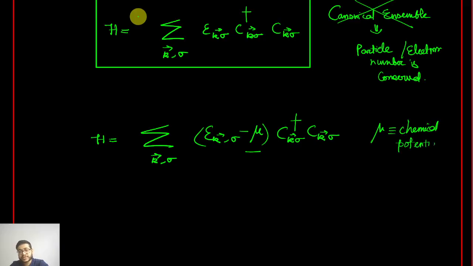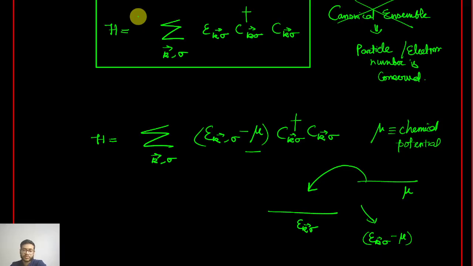So it basically means that all of the electrons that we are bringing into the system already have some energy mu. If you are taking an electron from energy mu and putting it into some energy epsilon_k sigma, then the energy you are actually adding in total is not all epsilon_k sigma, but epsilon_k sigma minus mu.